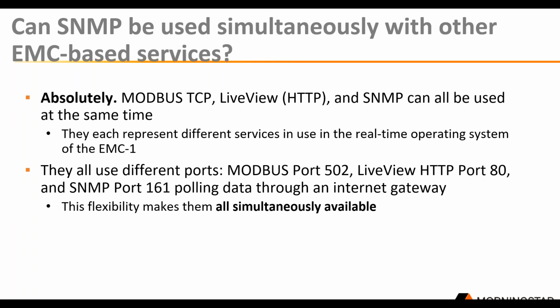They are each served up on separate ports on your IP router, so they all communicate over those ports, are isolated from additional traffic, and can all be pulled through an internet gateway simultaneously. MODBUS is accessible on port 502, LiveView on port 80, and SNMP on port 161.